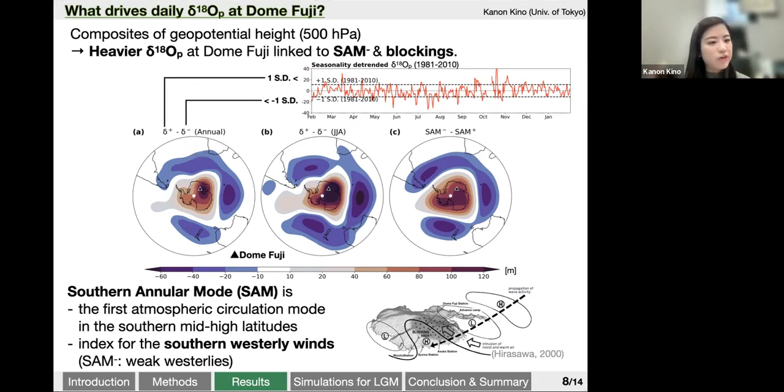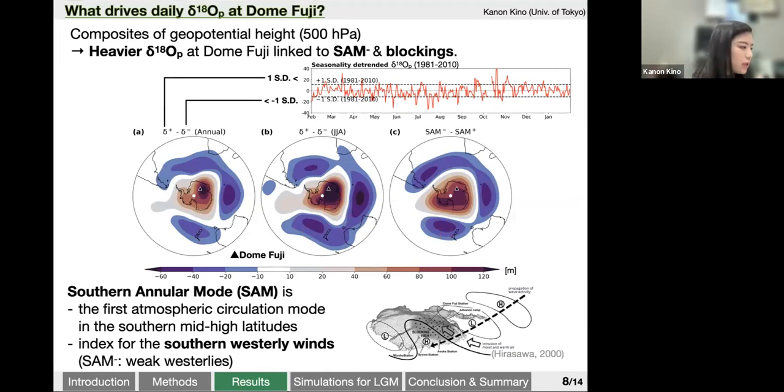This study found that this typical pattern for the isotope signal at Dome Fuji is very similar to the right figure, the negative pattern of the southern annular mode, SAM. The middle figure is the same as the left one, but only for the Austral winter, and this is even more similar to the negative SAM pattern on the right.